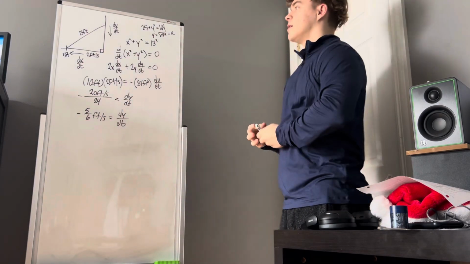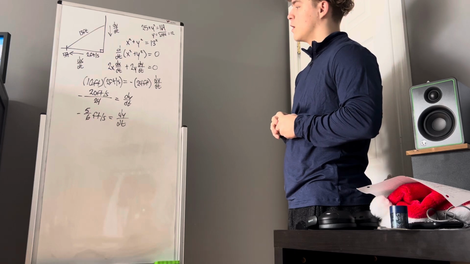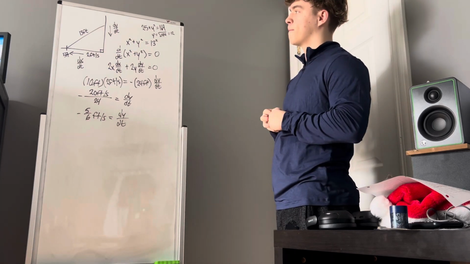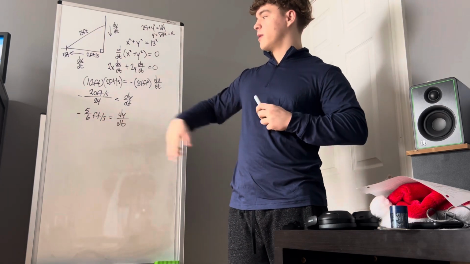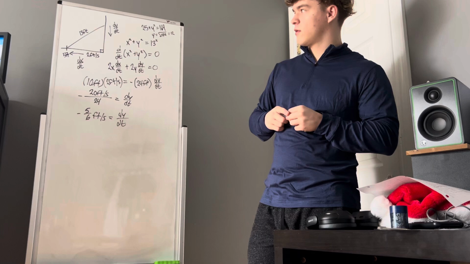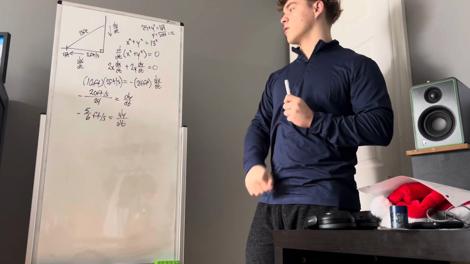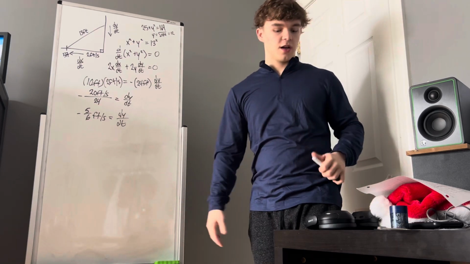Not too bad. Now there's going to be harder questions, but I hope this can help you with the fundamentals of it. And we can also make sure that our answer makes sense. Our answer is negative. Well, that's because it's sliding down. So that's great that we got that.